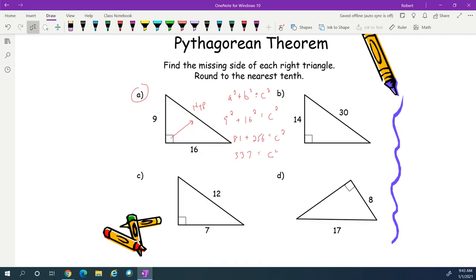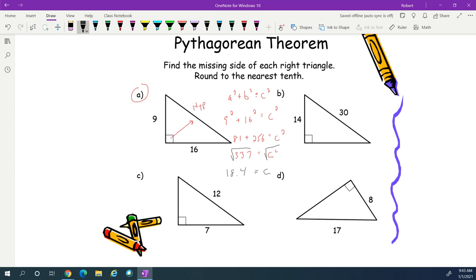And remember, to get c by itself, we need to take the square root. So we're going to take the square root of both sides to get c on its own. So we hit our square root button, and at that point, we follow directions. Here it says round to the tenth. So our answer here is going to be 18 point, and it's going to round up to 0.4, 18 and 4/10.